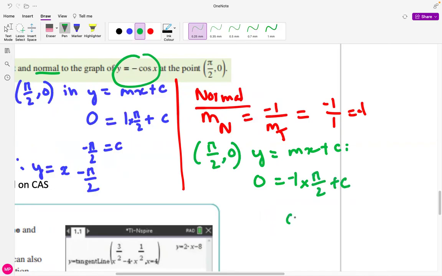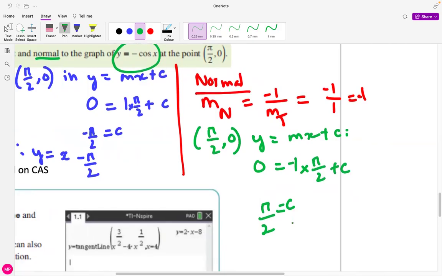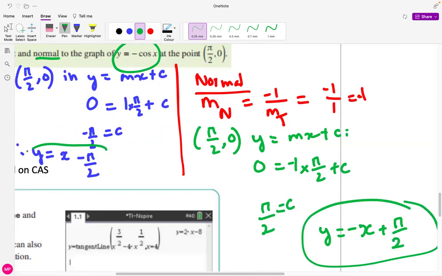So c will be pi over 2. Then the normal equation will be y equals negative 1x plus pi over 2. So this is the normal equation, and this is the tangent equation.